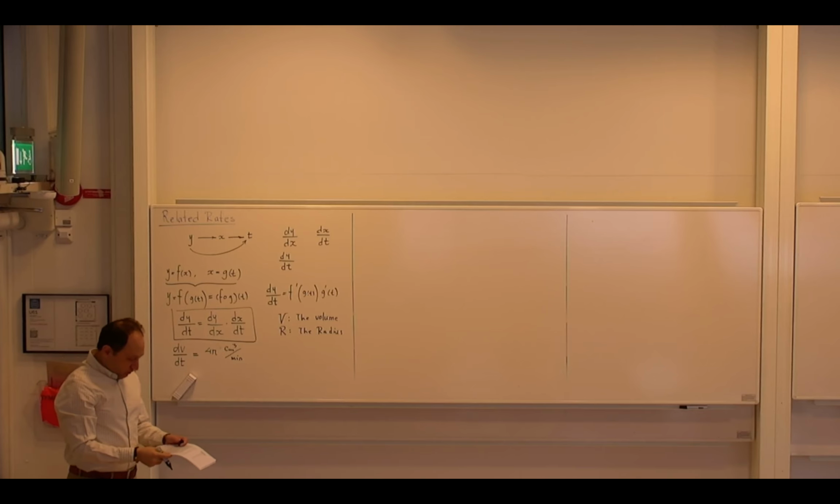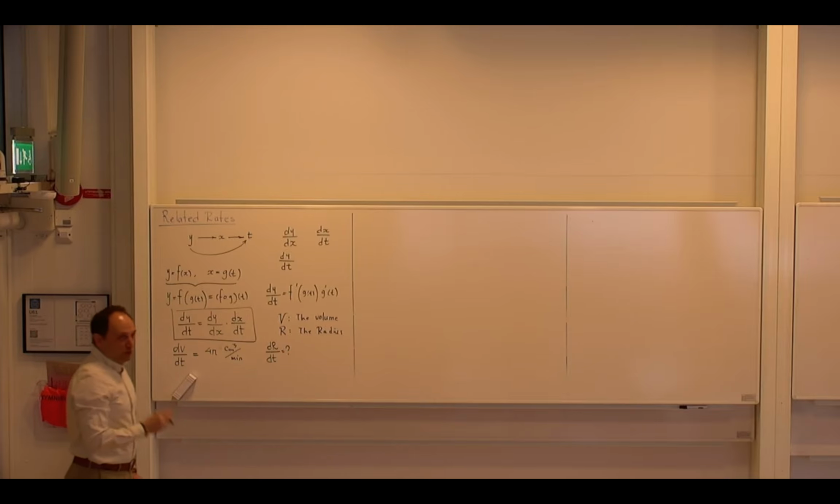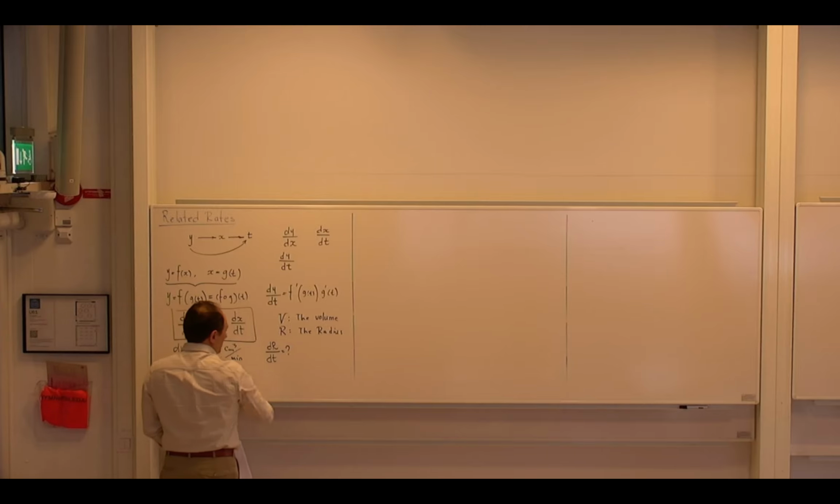What is the rate at which the radius of the balloon is increasing? So what is wanted? We want to know the rate at which the radius is changing. So this is my question mark. In principle you have to write t naught here.